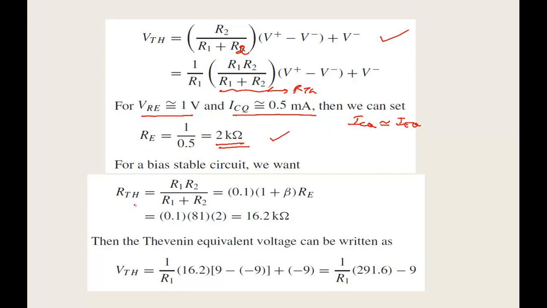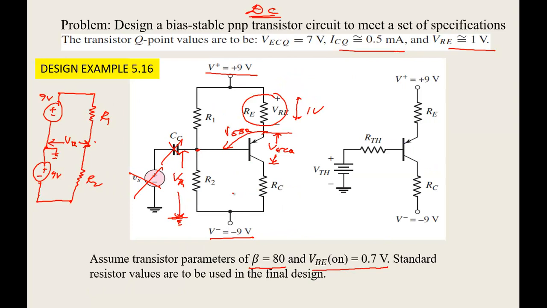Now let me write RTH as R1 R2 by R1 plus R2. Or I can write it, if you see, RTH is nothing but RE into beta plus 1. Sorry, I made a mistake here, because I'm looking from this side of the loop, so it should be multiplied.